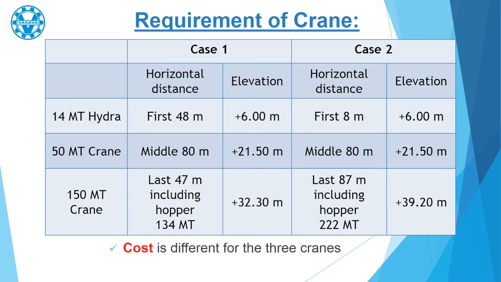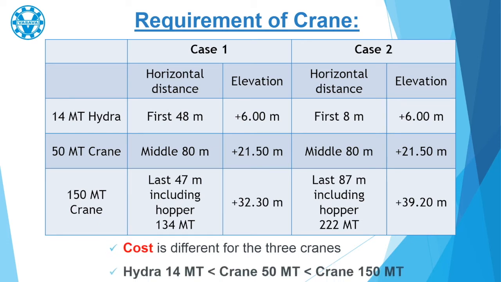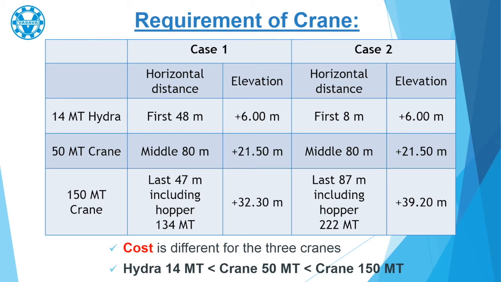See, the cost of crane for all the three areas listed above is different. Hiring Hydra 14 metric ton is cheaper than 50 metric ton crane, and this is cheaper than 150 metric ton crane.